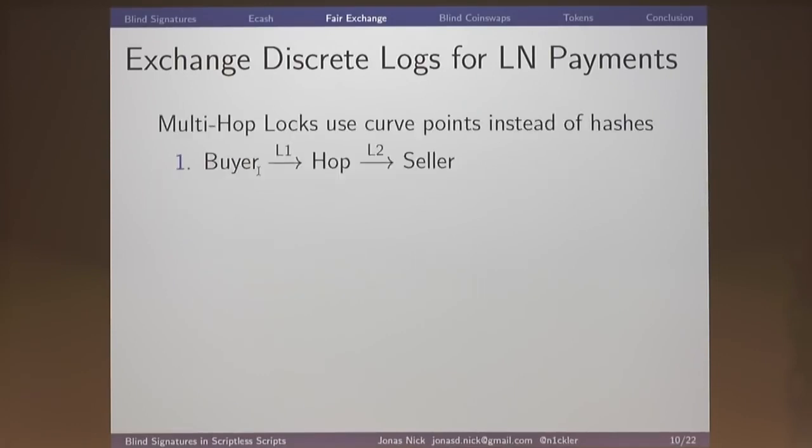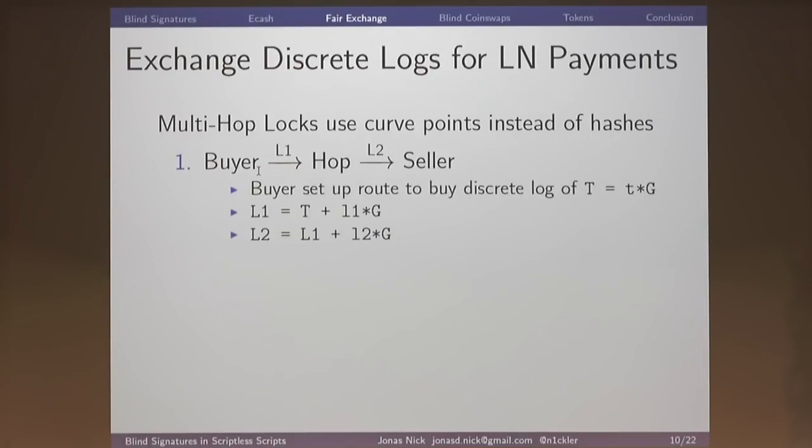Okay. Now these multi-hop locks use curve points instead of hashes as locks. So similarly, the buyer sets up a route, but this time the locks are L1 and L2, which are points, and wants to buy, as before, the discrete logarithm of some point t. And again, the buyer exactly controls how these points look.